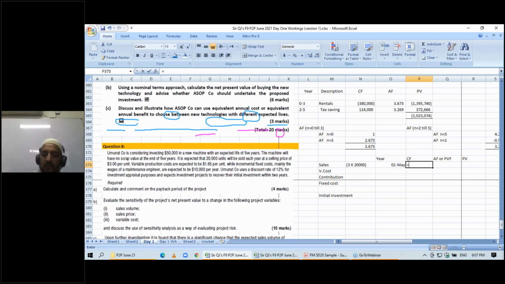And the cash flows will be 3 multiplied by 20,000 units. This means 60,000. Then the variable cost per unit is 1.65 multiplied by the production and sales, which is 20,000 units. So this will also occur for 5 years from year 1 till 5.